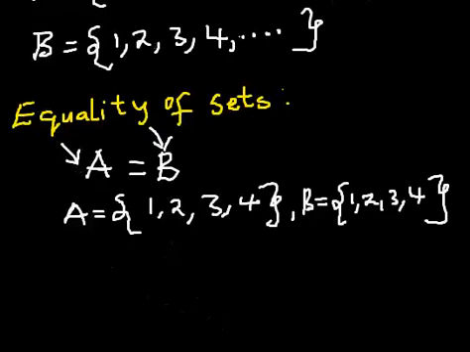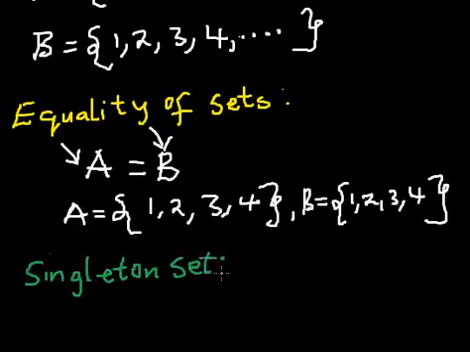That's one term. Another term we want to look at is what is known as a singleton set. As the name implies, a singleton set is simply a set that contains a single element, just one element. So this set contains one element.